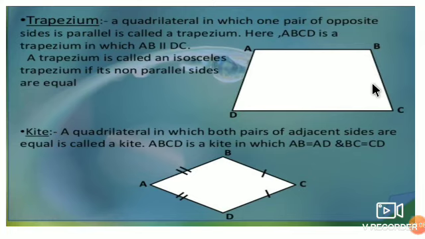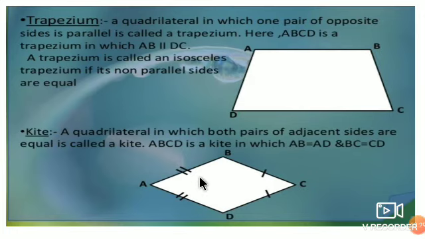We have learnt about the isosceles triangle where two sides are equal in length. Same here in this quadrilateral trapezium. If the non-parallel opposite sides are equal in length, then that trapezium is called an isosceles trapezium.